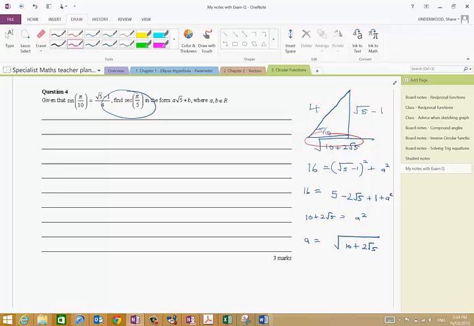Yes? Okay, this one here, you mean? Yes, that's right. What's that, Luke? Yes, that's right. Okay, so what we're saying is the double angle formula is what?